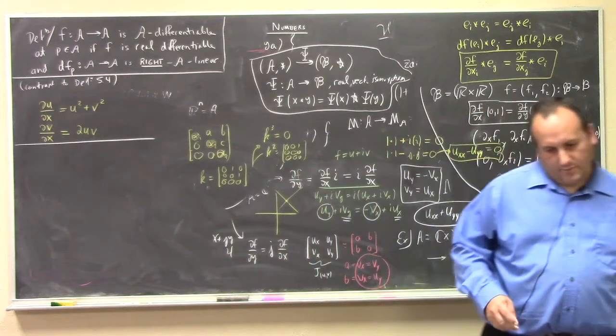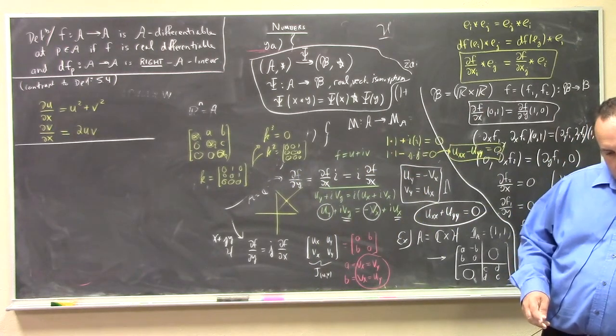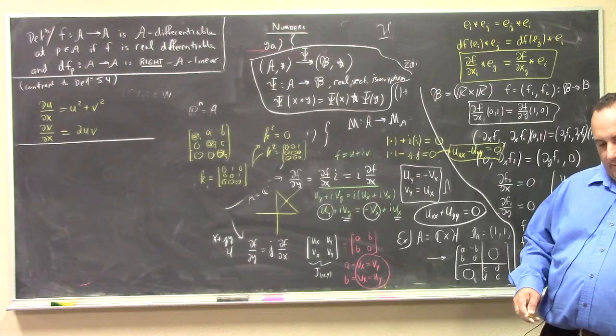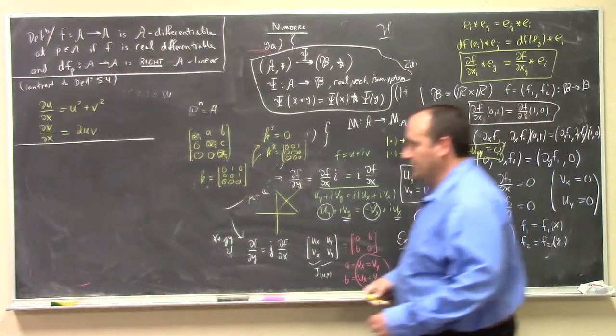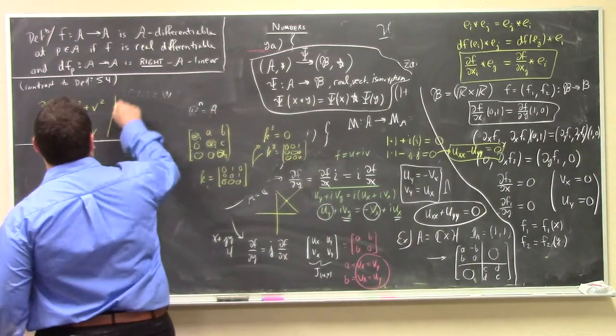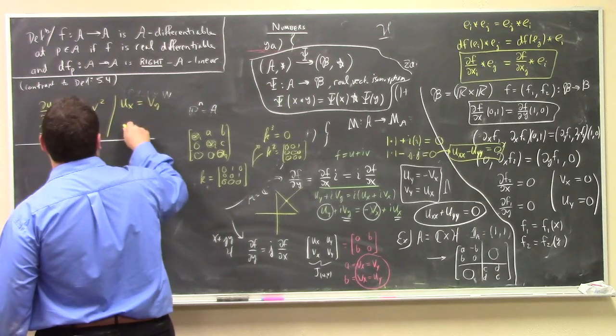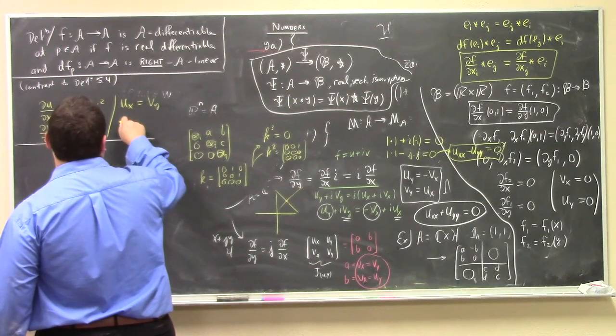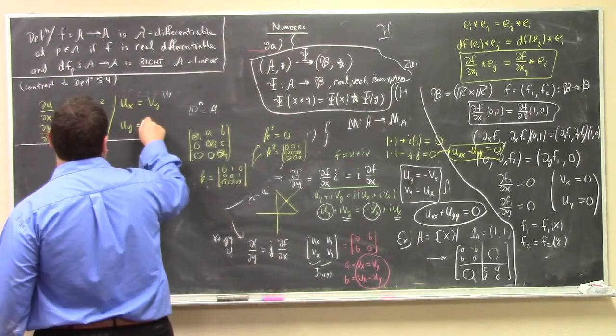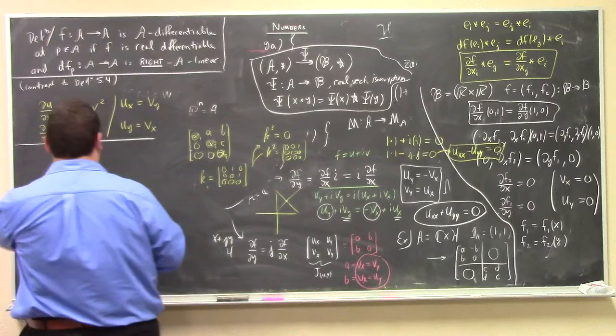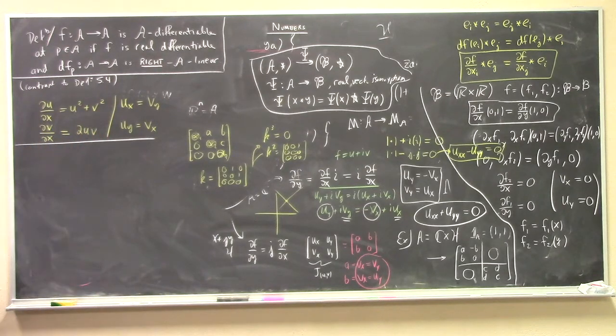But there's more. It's also paired with u_x equal to v_y, and u_y equal to... anyway, so that's kind of the dead giveaway for my example.